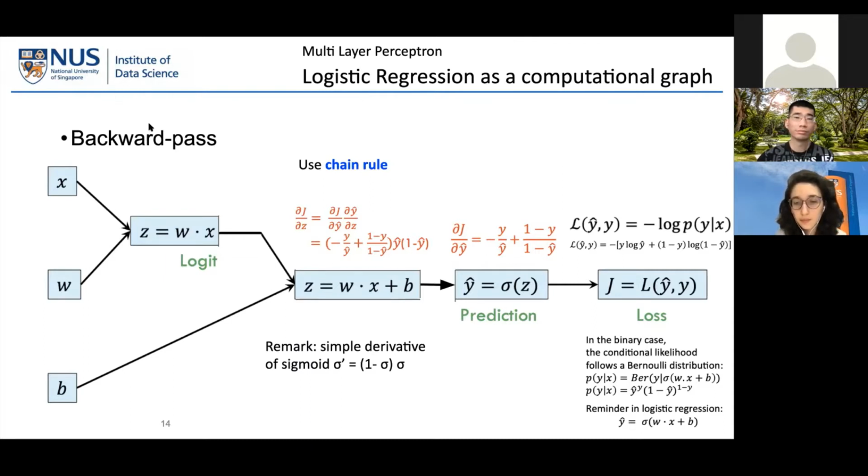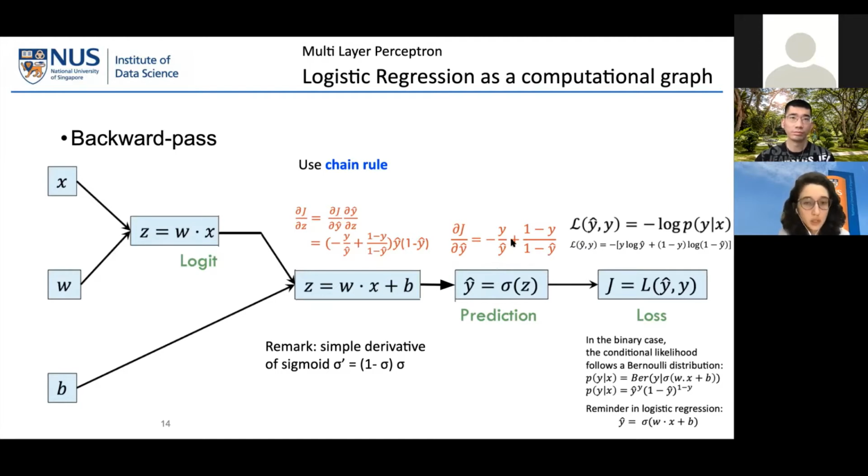Then the idea is to go backward, in order to adapt the model parameters W and B. To do so, we need to take the derivative of the loss function. So here we will derive the loss function depending on y hat, okay?